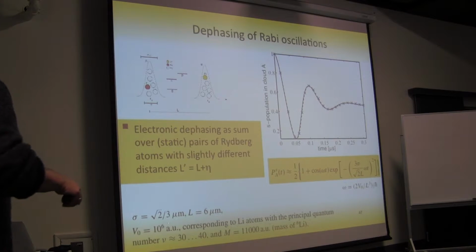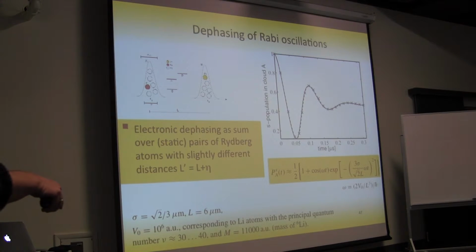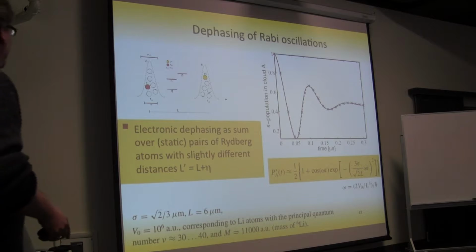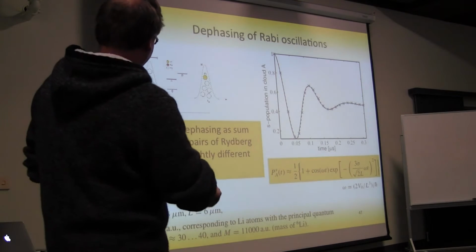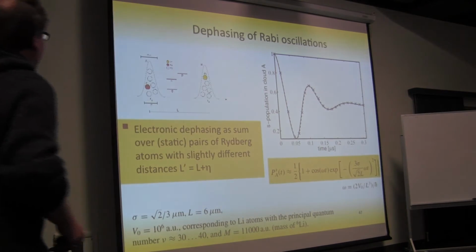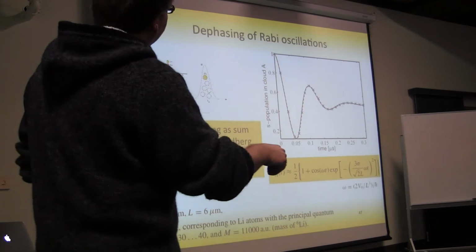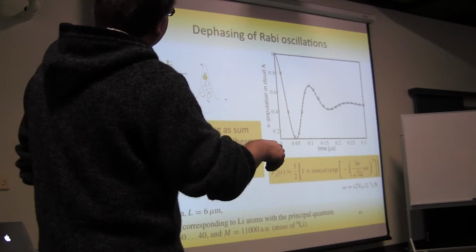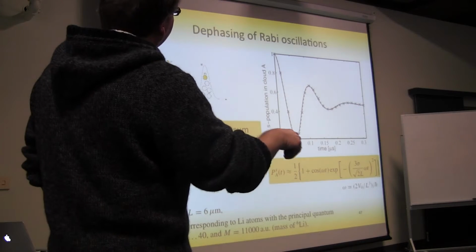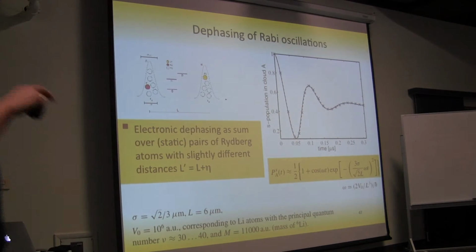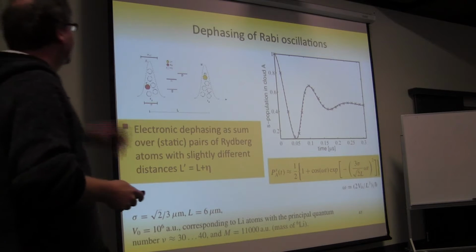So the interaction strength is like this, the distance was 6 micrometers, and the width below 1 micrometer. Here is the quantum solution just for a pair, and the dashed one and the crosses are the same: this is the static average over all the different distances in the cloud. So that really agrees quite well.